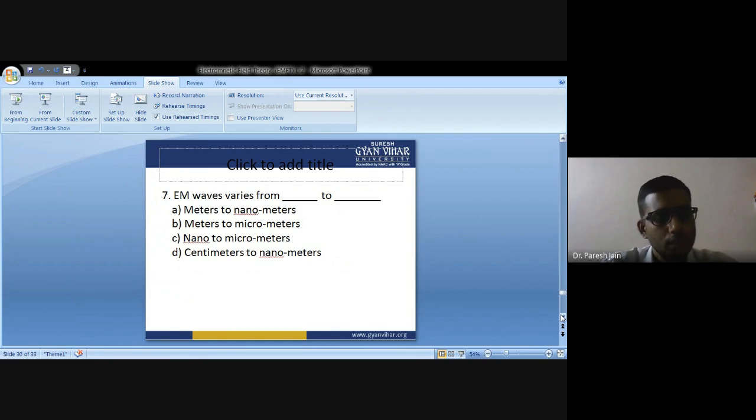And D is centimeters to nanometers. Again, this question is based on the frequency spectrum graph, so you should learn the frequency spectrum graph. Through this, you can solve this question.